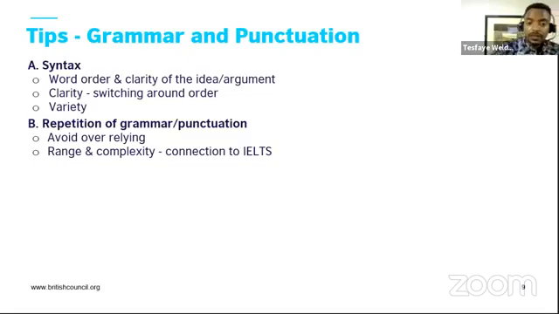And this is also about your range. It's important that you show that you have enough words, or you know the different structures, and you're able to use complex structures, but making sure that they are clear. So it's not about using complex words or structures for the sake of showing them off, like most people do.